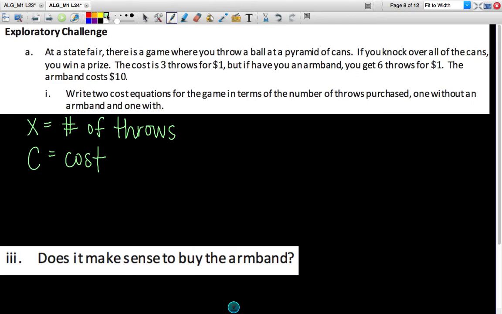So without an armband, the cost is 3 throws for $1. So let's start this with C equals, so our cost equals 3 throws for $1. We can write that as a fraction. For every $1, there are 3 throws.